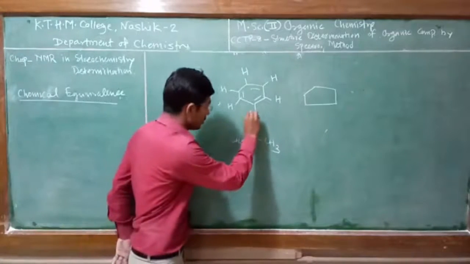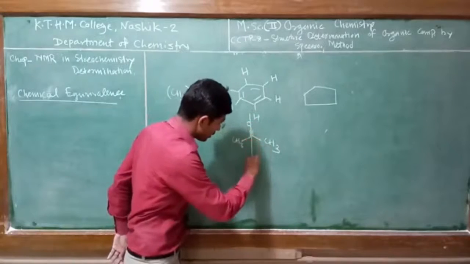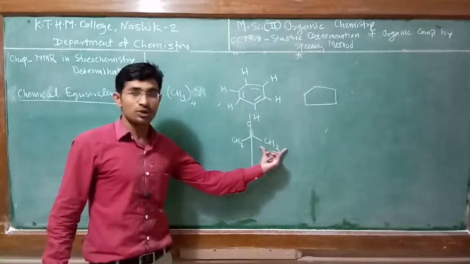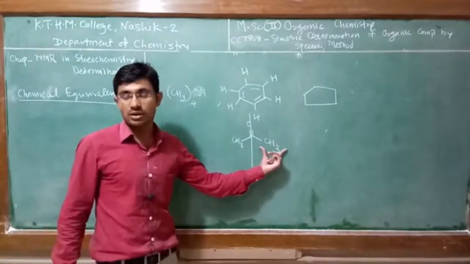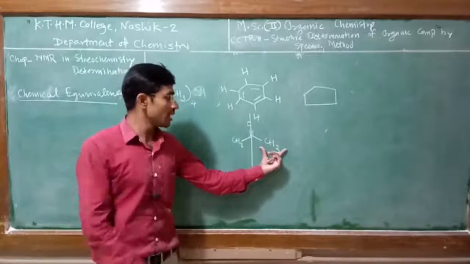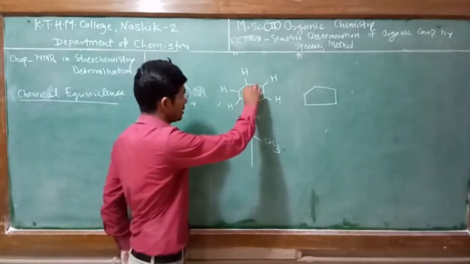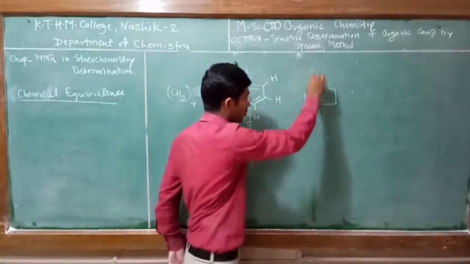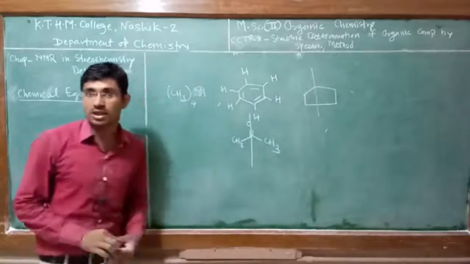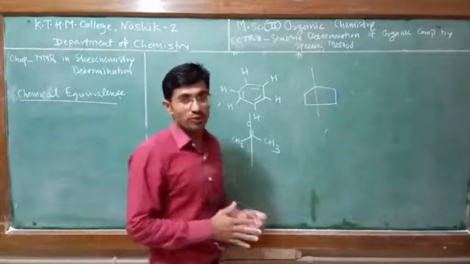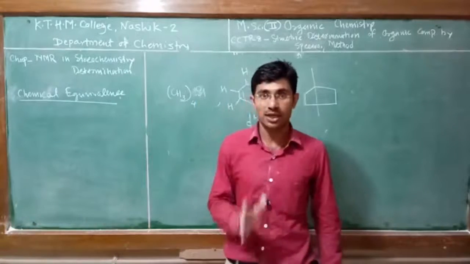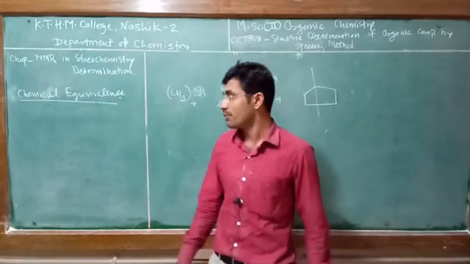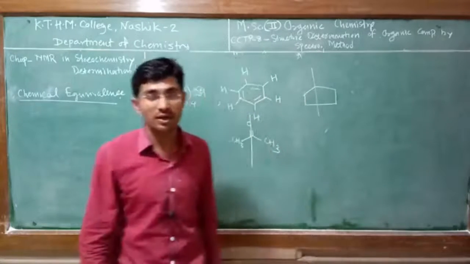Here in acetone we can pass a plane, and because of that plane, these two methyl groups become equivalent. So they have the same chemical environment. Here also we pass a center of symmetry or plane of symmetry. Because of this, in all these compounds all the protons are in the same chemical environment and have the same chemical shift value, and so they are called chemically equivalent protons.